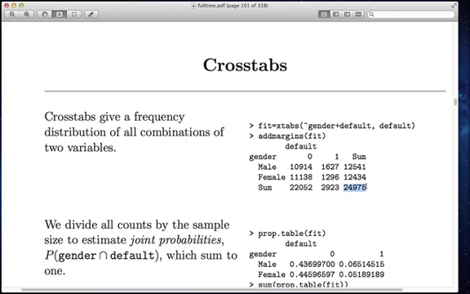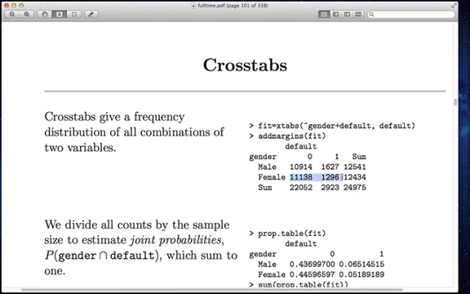Again, there's nothing different between that and the frequency distributions from Chapter 3. Now the numbers in the middle give us all possible combinations. Let's interpret this number. 1,296 is the number of females who defaulted. 11,138 is the number of females who did not default.